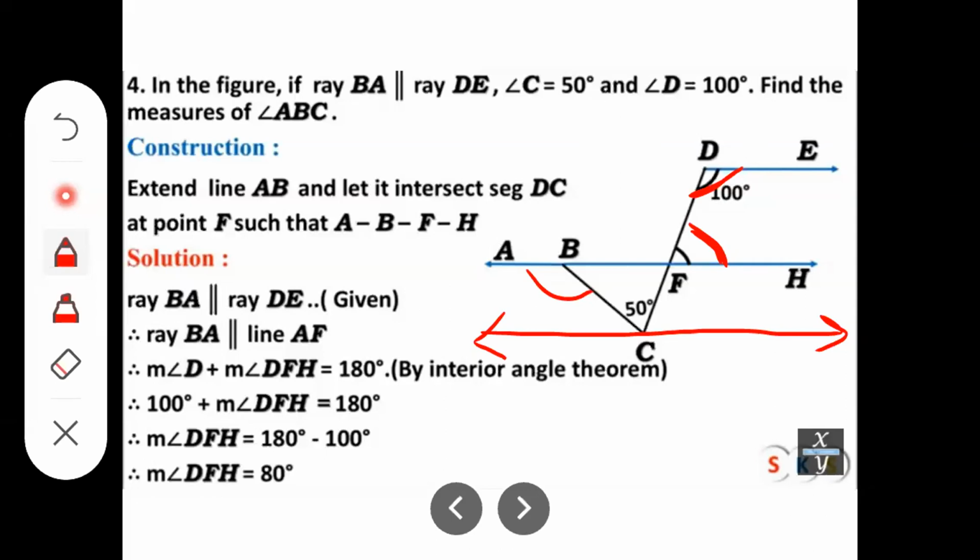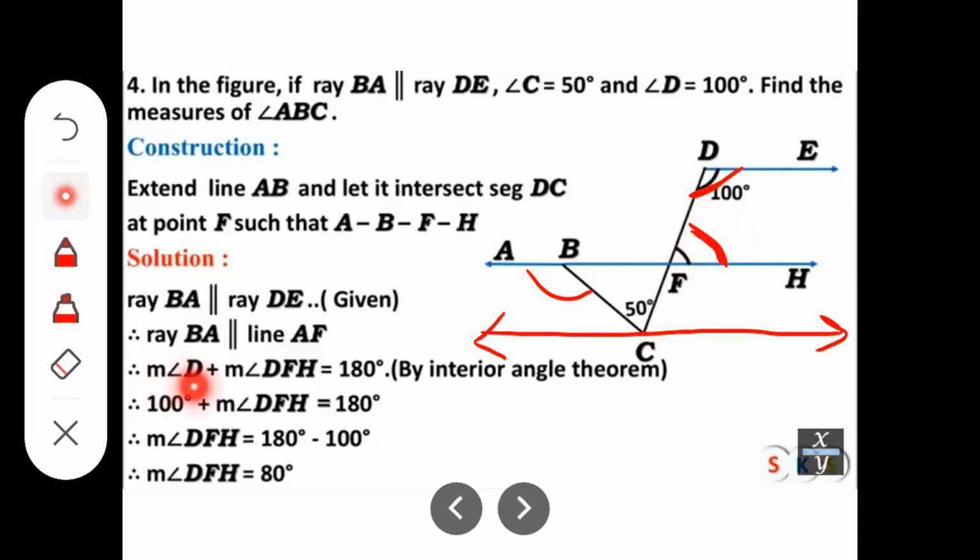Which are the parallel lines? That is DE and FH. FH means AH; you can also write BH, this complete line. So ray DE is parallel to line AH and DF will be their transversal. In this case, those two will be interior angles. As interior angles, they are supplementary to each other.